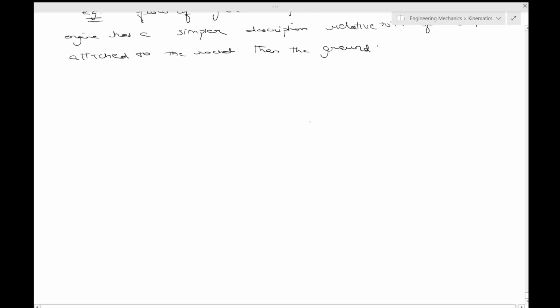So let's call this frame F. Let's call this frame M. This point is O, A, P, and then R_PA, R_P of t.